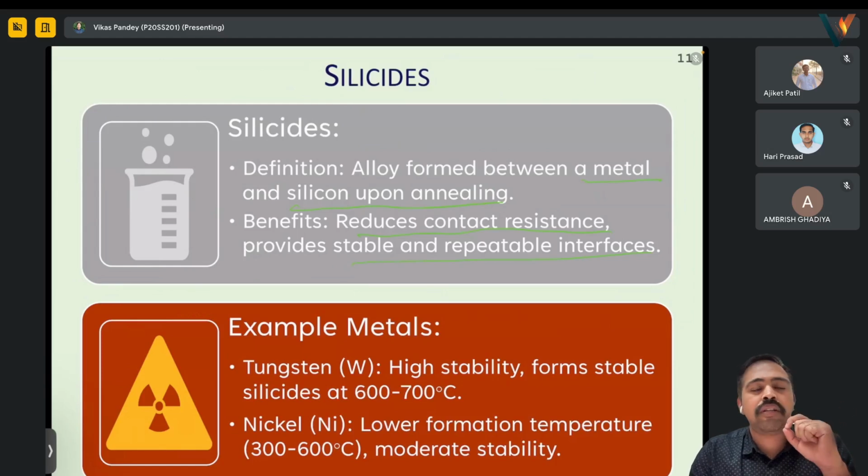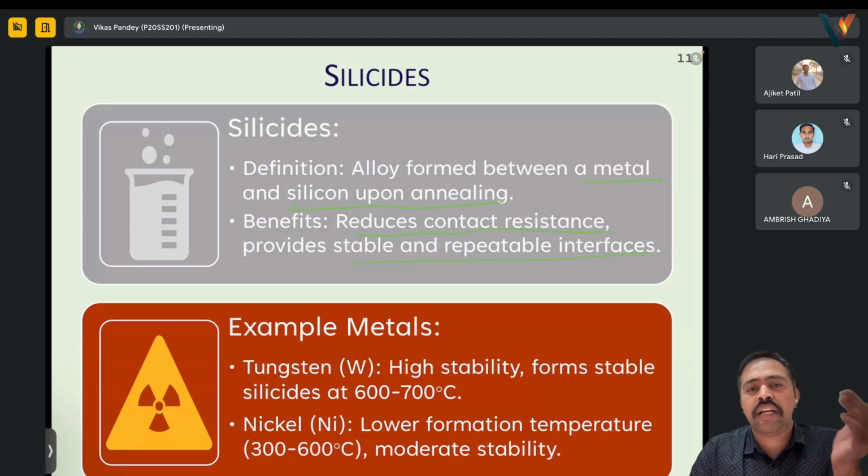So what is generally done is that, let's say, in both the cases, we are annealing it at 150 degrees Celsius for 30 minutes. And then if you compare, the resistance will almost be comparable. We will not get different resistances because these silicides will form.